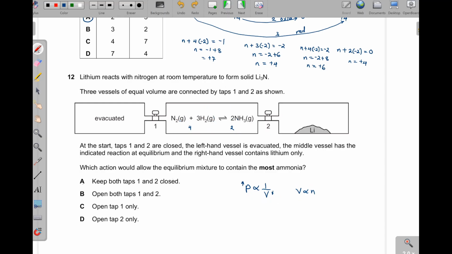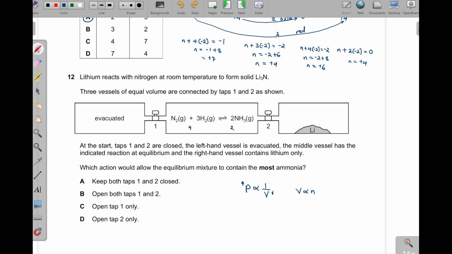Now here they are talking about opening the taps. If we open this tap here, that means the volume is going to increase. These gases here will occupy here. Even this way, they will occupy this other side. And for that case, when you open tap 1, the volume will increase.